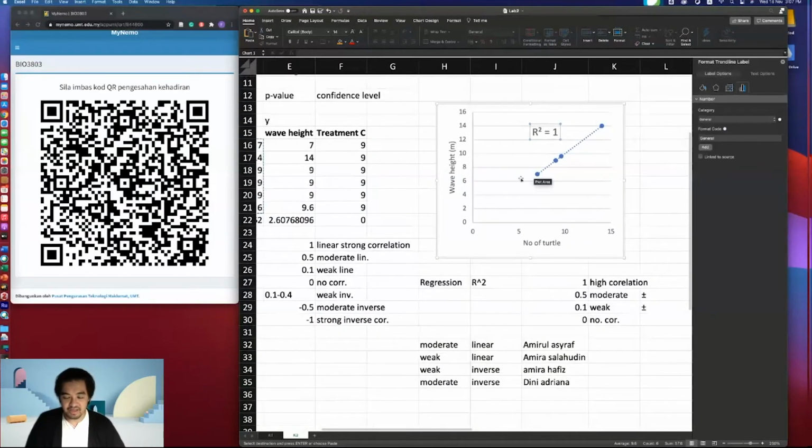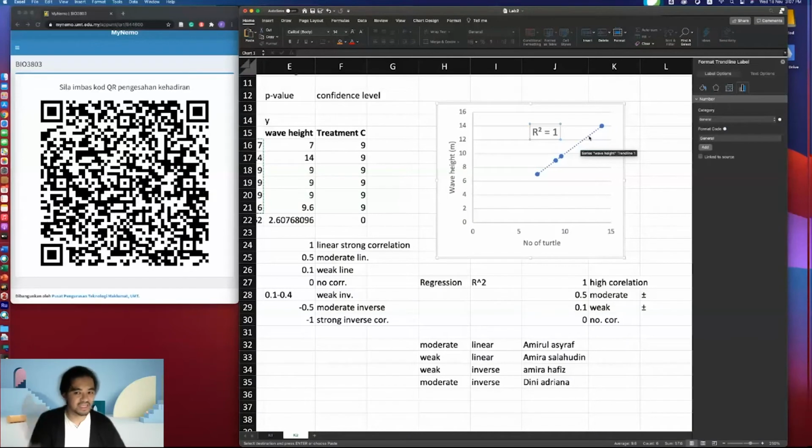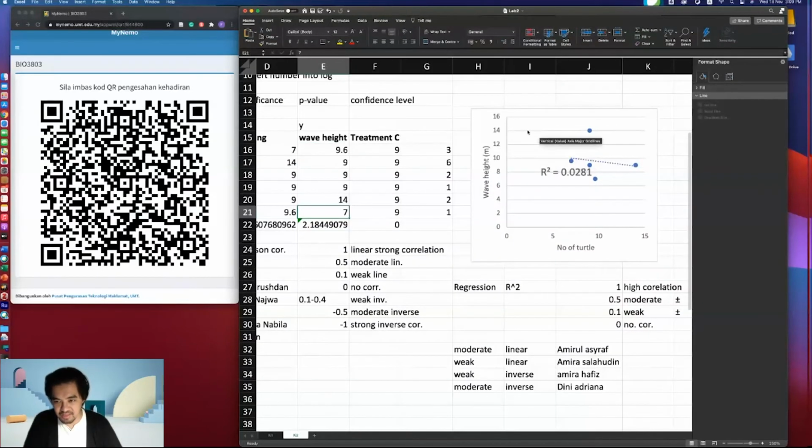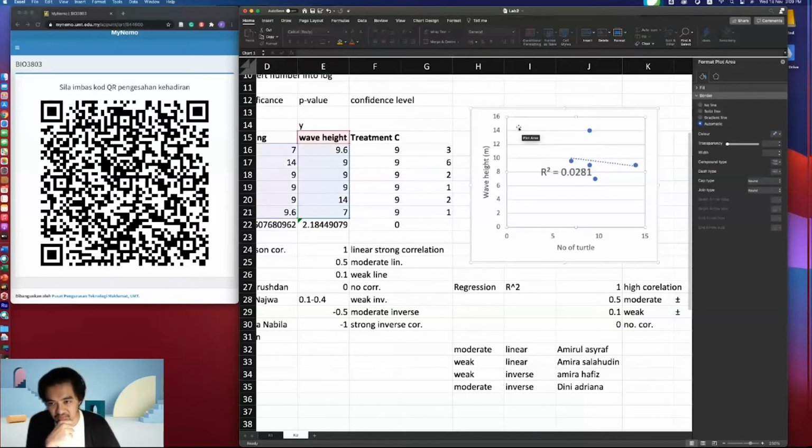Okay, and then looking at this graph, is it facing up north to the northeast? Ke atas indicates it has a very strong positive correlation. All right, macam tadi close to. If they are facing this way, if I do the best way, it indicates that it has an inverse correlation, the line is facing this direction.